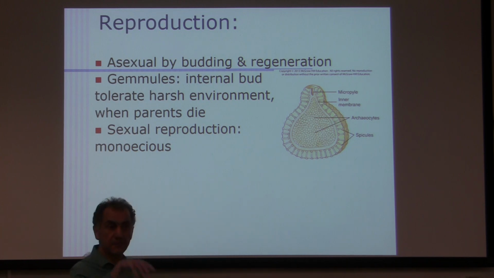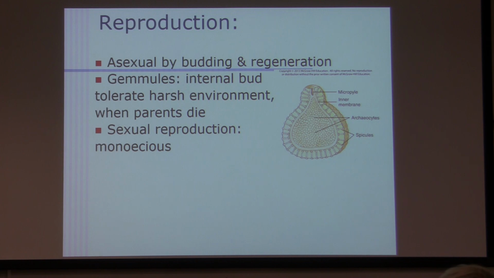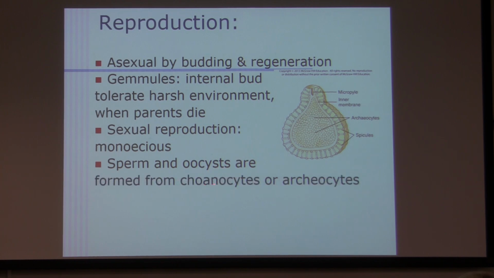Most of the organisms we study until the next exam are monoecious, but soon you will see that they are male and female. Sperm and oocytes are formed from choanocytes and archaeocytes. Oocytes are the reproductive cells, the eggs in this case.